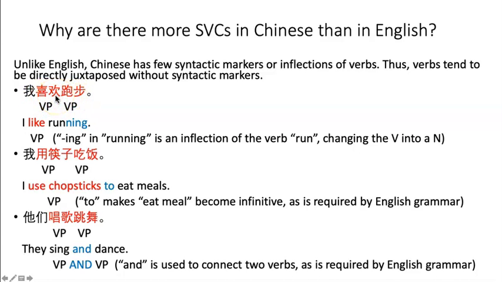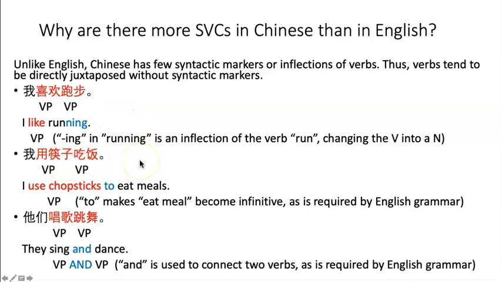So verbs could be directly juxtaposed without any of those grammatical markers, like in English. People have to add ing: I like running, or I like to run. So you have to add a to or ing, those grammatical markers. And it is ungrammatical to put I like run directly together. That is unacceptable.